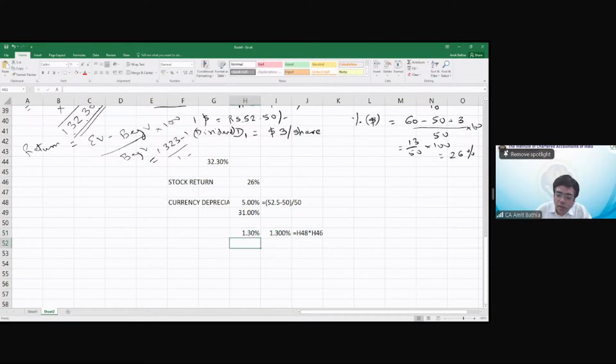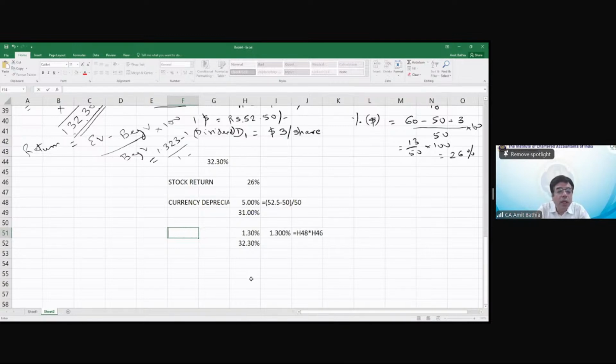Now my return is 32.30%. So in Indian terms, as an investor, I got the stock return, I got the benefit of currency depreciation in INR terms, and I also got the benefit of factor on factor.